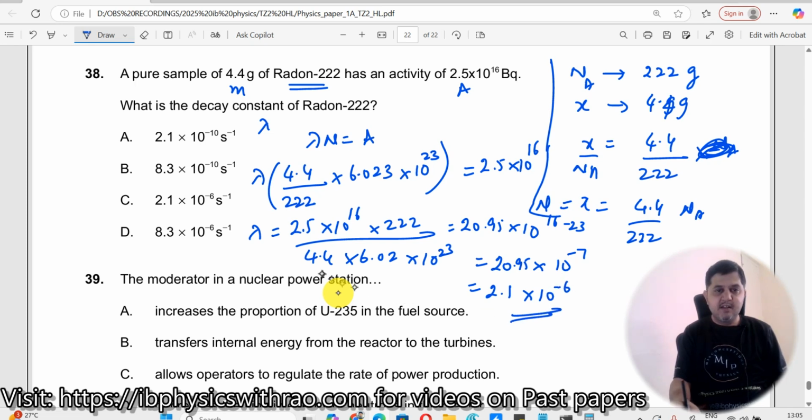This should be your answer: 2.1 into 10 to the power minus 6, and that is option C.